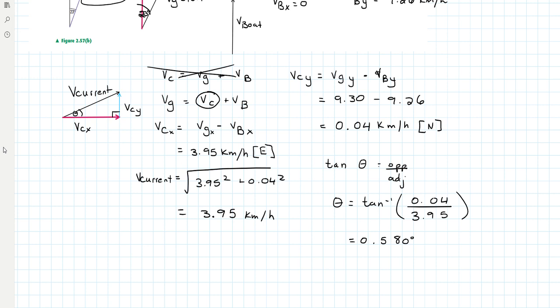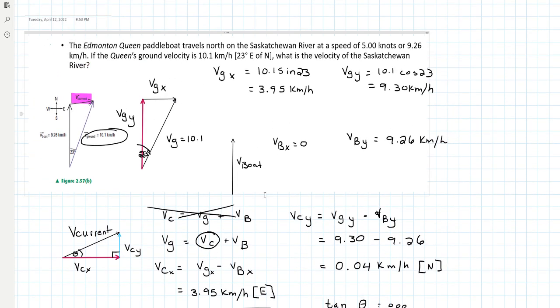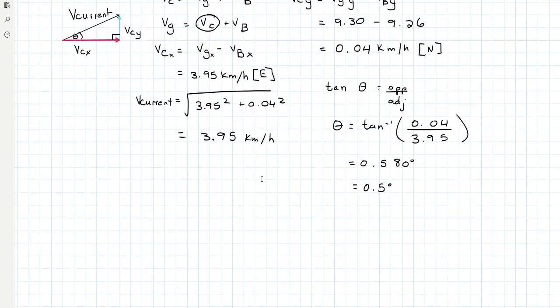This is a little bit more sig figs than we typically want when it comes to degree measures, so we're going to shorten this to 0.5 degrees. If the question explicitly stated that it was to the nearest whole degree, but it's just asking for the velocity, then I would leave it at this stage.